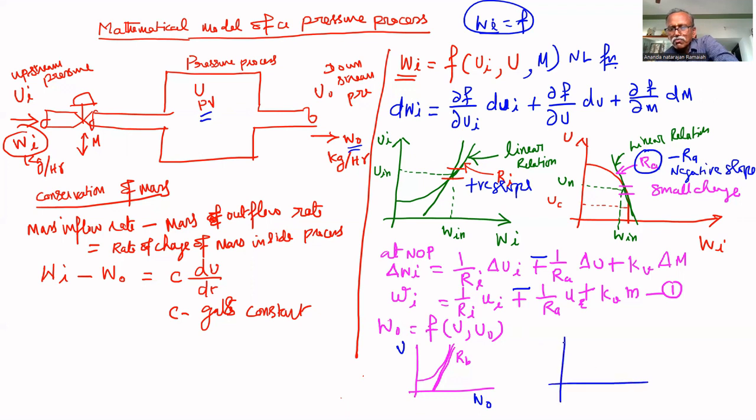Similarly, for the downstream pressure u naught and w naught, this is the slope. Let it be R naught. This slope, that is ∂u naught/∂w naught, is equal to ∂u naught/∂f, or ∂f/∂u naught.